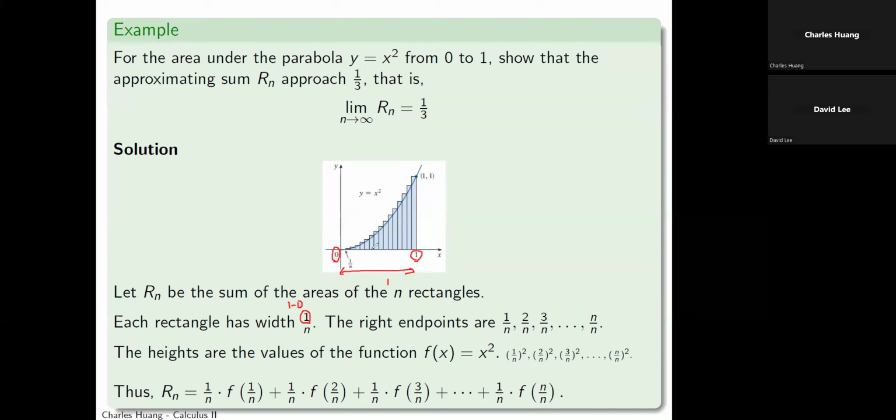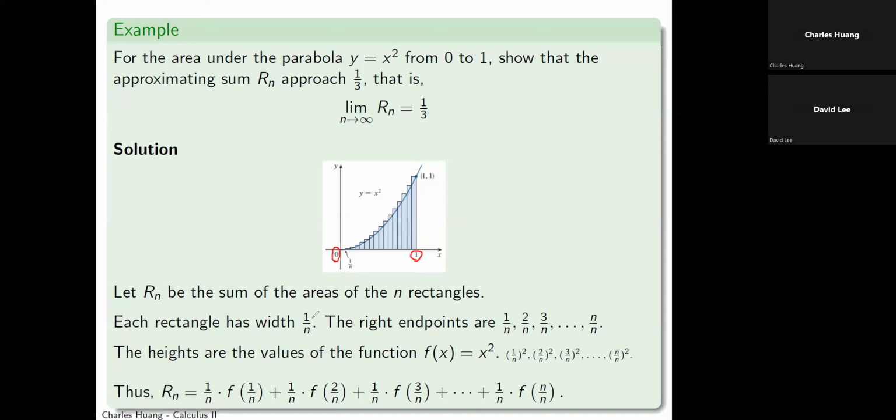If I'm going from 0 to 2, I will have a width of 2 divided by n. If I'm going from 3 up to 8, then the width will be 5 over n. So this is the process. We're going to find the width of each of the rectangles first.